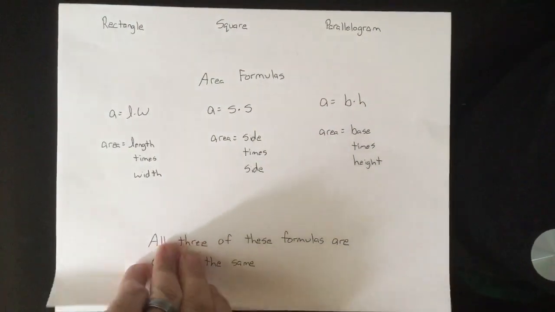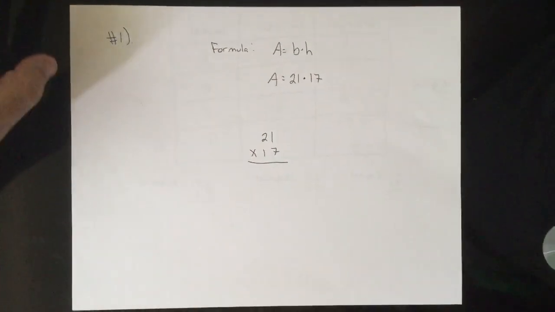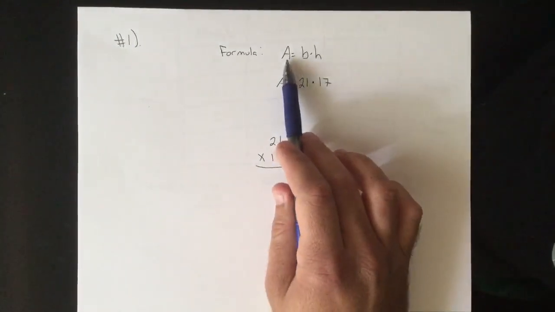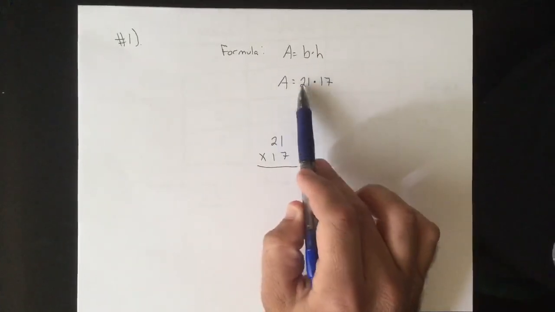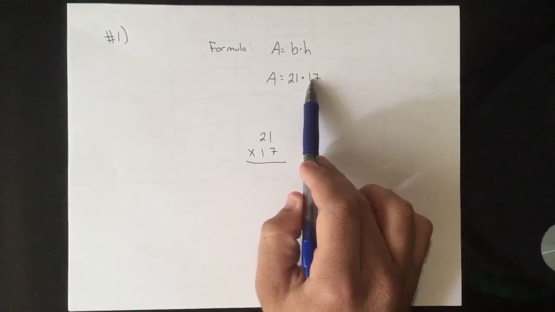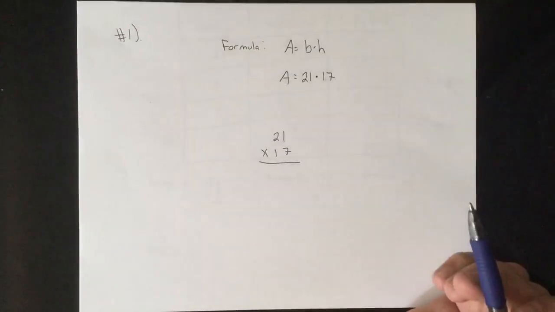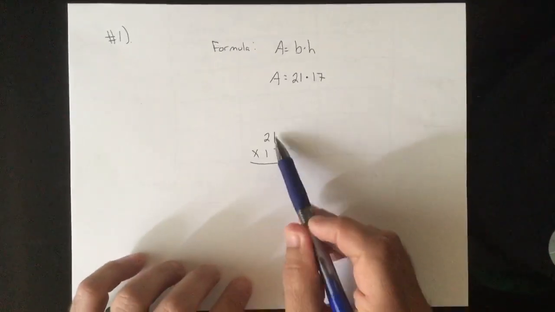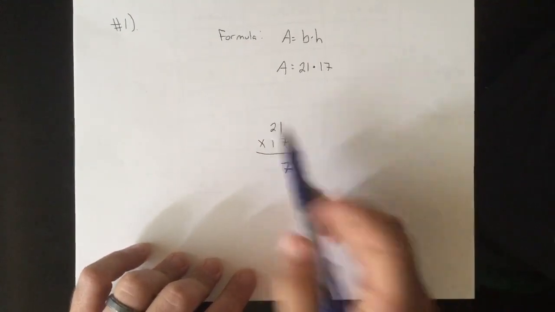So let's take an example here. Let's look at number one. Number one, there was a small word problem, but it gave you the formula area equals base times height. And then it said area equals 21 times 17. So on number one, you literally just had to multiply 21 times 17. 7 times 1 is 7. 7 times 2 is 14.